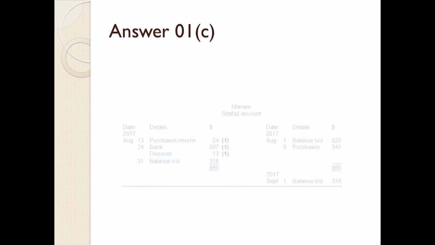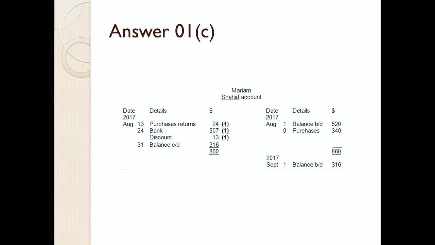So here comes your answer. See that on the credit side, previously you borrowed from him. You owed Shahid 520, and again you have bought something.